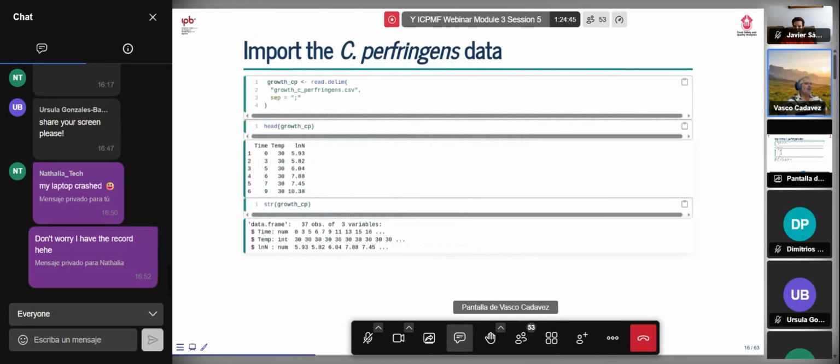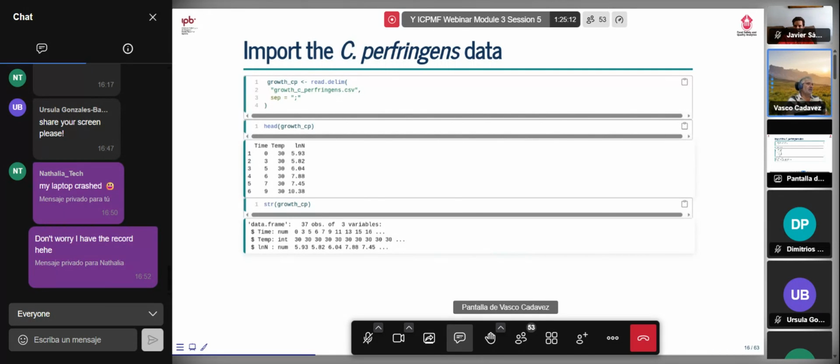In this case, I will show you how to fit a model to growth rate. It's data from Clostridium perfringens, and the first thing that we need to do is to read the data, to import the data to the environment. In this case, we have this function, read_delim, but you can use other functions like read.csv.